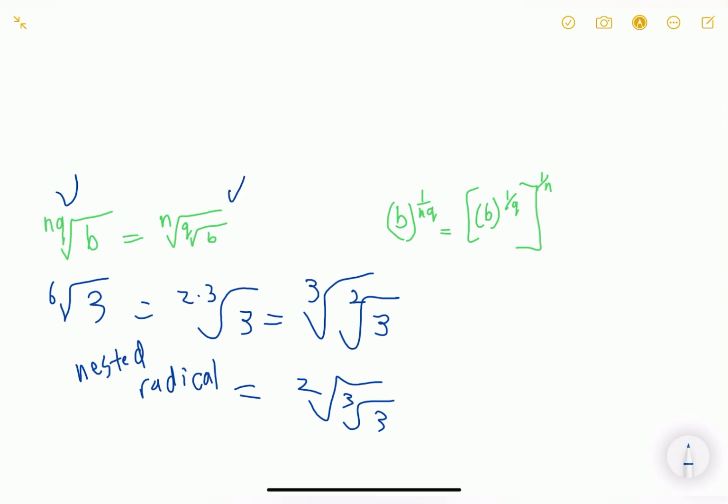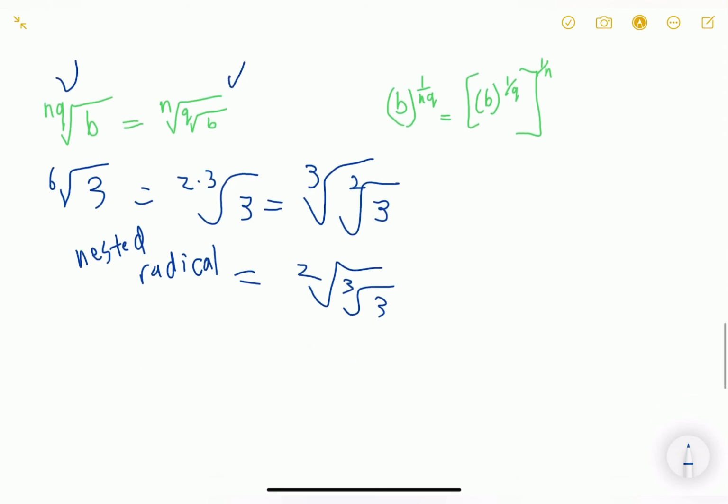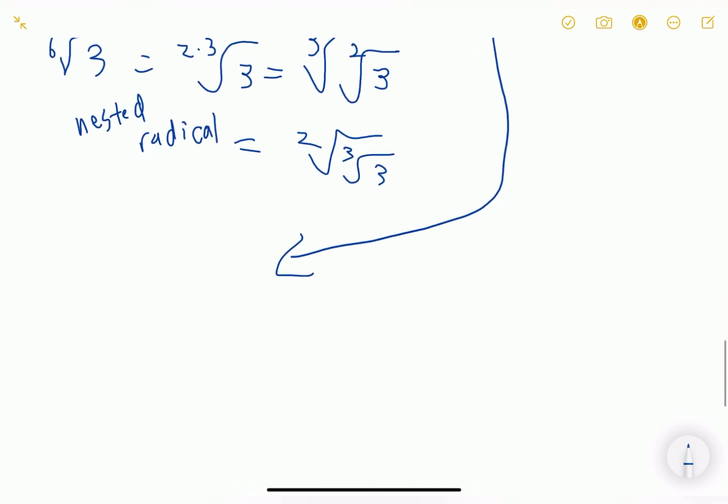Now let us prove the exponential equivalent. We're going to do it down here because of space, and I'll change the color just so the eye can differentiate.